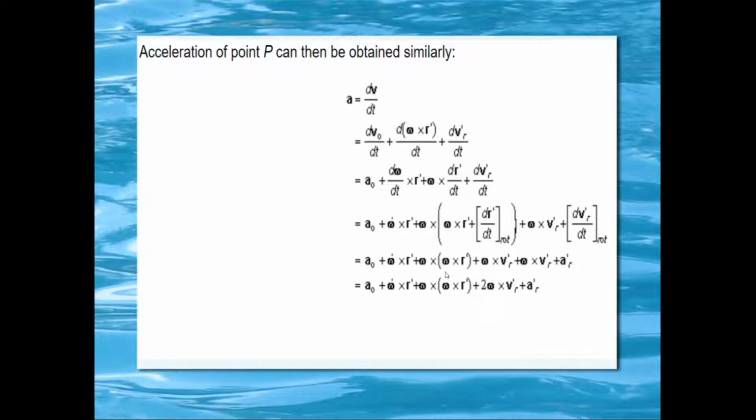This one is caused by centripetal acceleration, omega cross omega cross r dash. And this term over here is the Coriolis acceleration, 2 omega cross v rel.